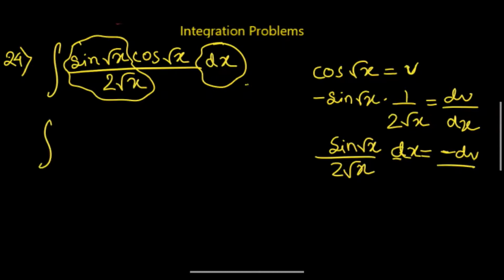So integration of only cos root x is left. Cos root x is v as we have taken previously, so v dv gives v square by 2 plus c.